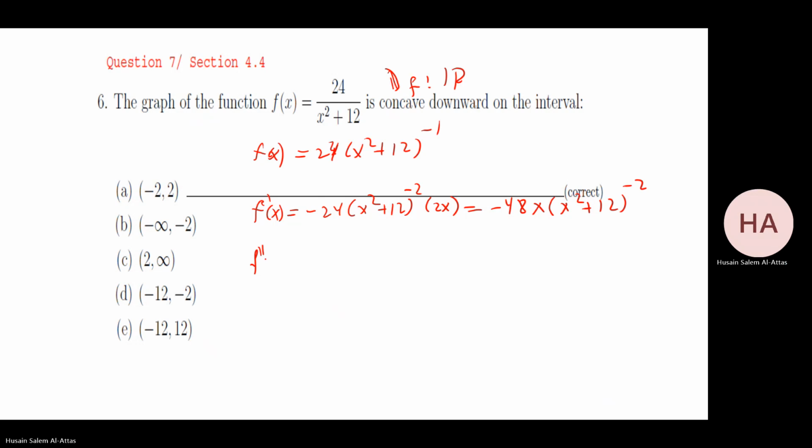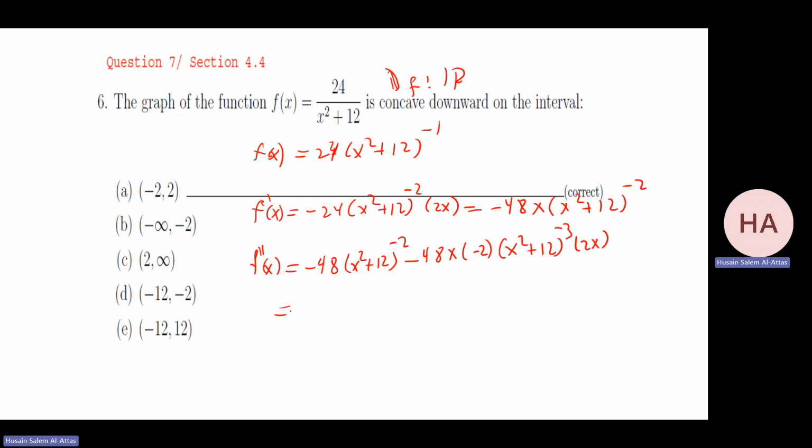For F double prime, product rule: minus 48 times (x squared plus 12) to the power minus 2, plus minus 48x times minus 2 times (x squared plus 12) to the power minus 3 times 2x. Okay, now we'll take a common factor. I'll take minus 48 times (x squared plus 12) to the power minus 3 as a common factor. What's the remaining here? X squared plus 12. There, this is gone.